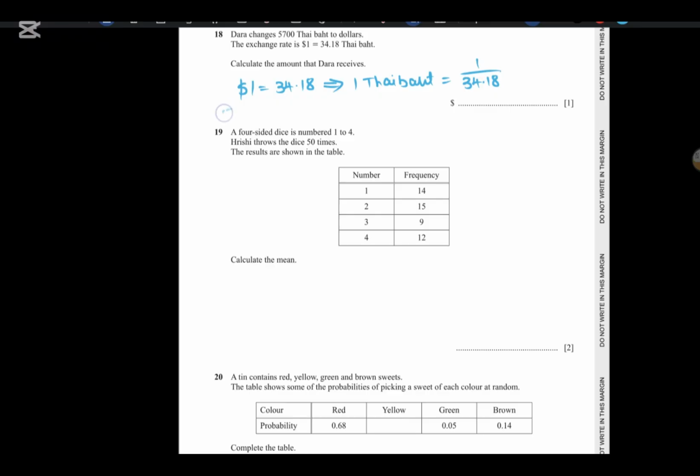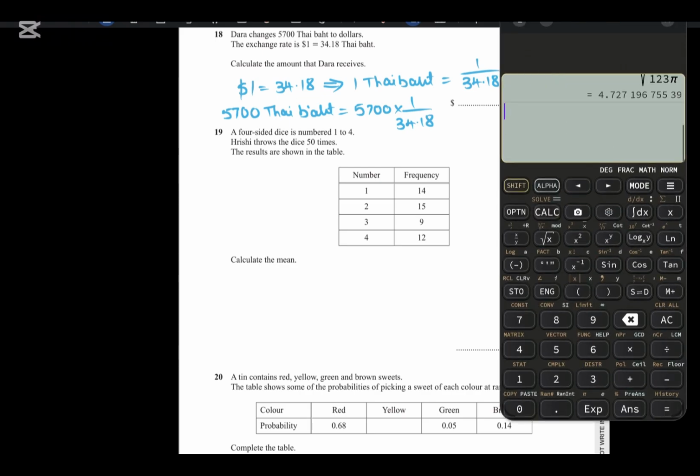So that's why 5700 Thai baht will be 5700 multiplied by 1 by 34.18. Find out 5700 into 1 by 34.18.